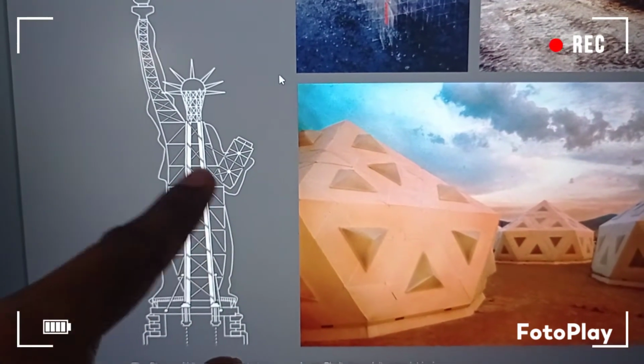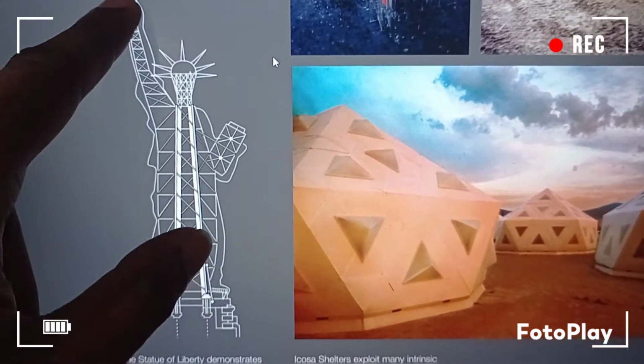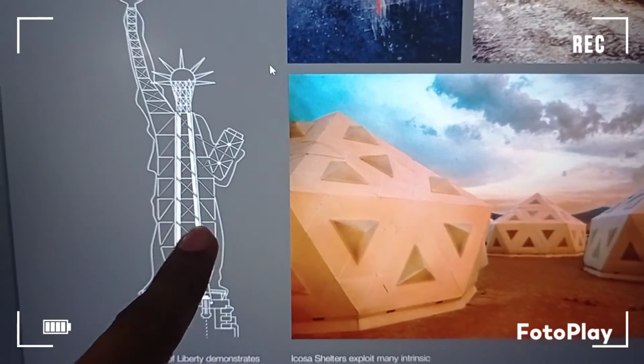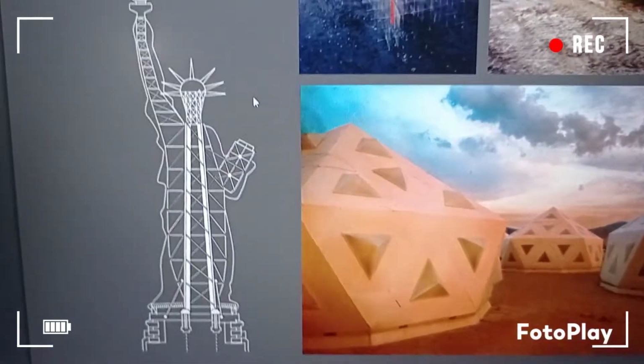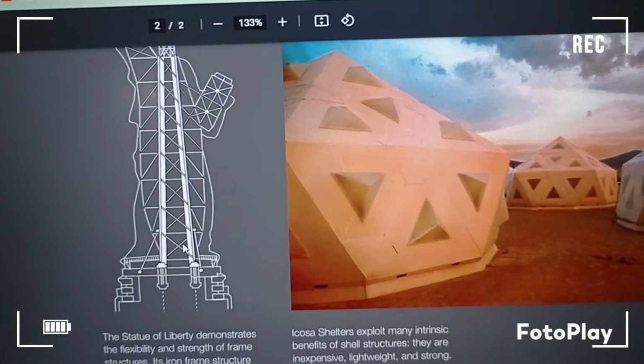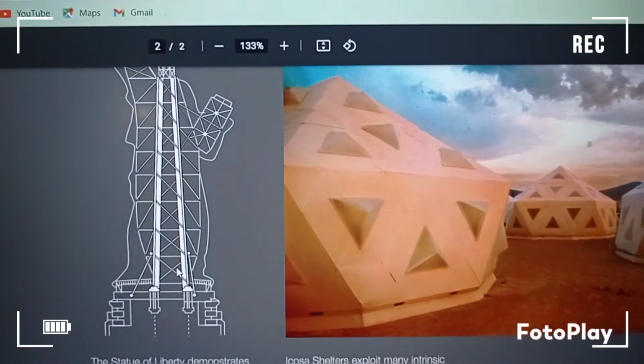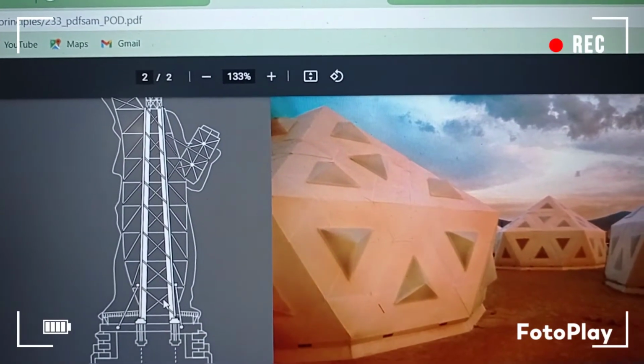So this arrangement of these structural members is called the structural form. All right, structural form is that one. So the Statue of Liberty demonstrates the flexibility and strength of frame structures.